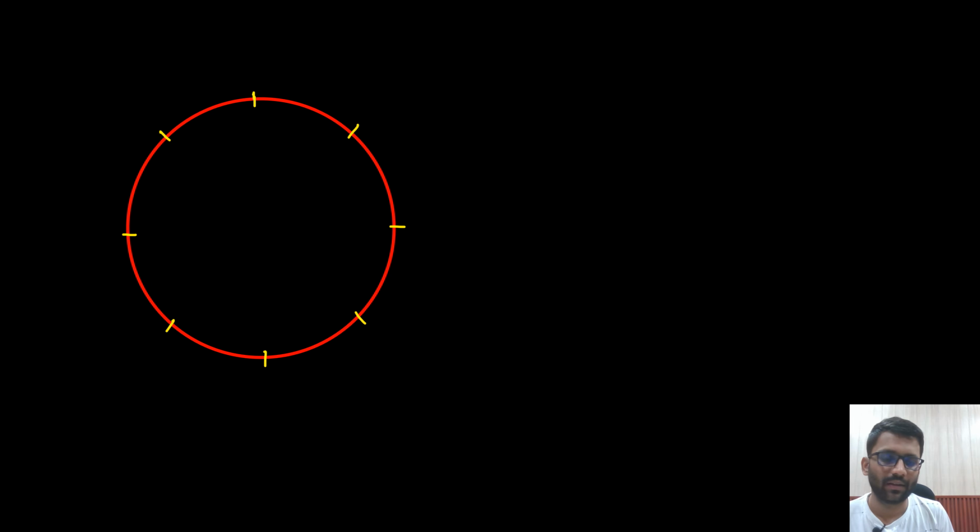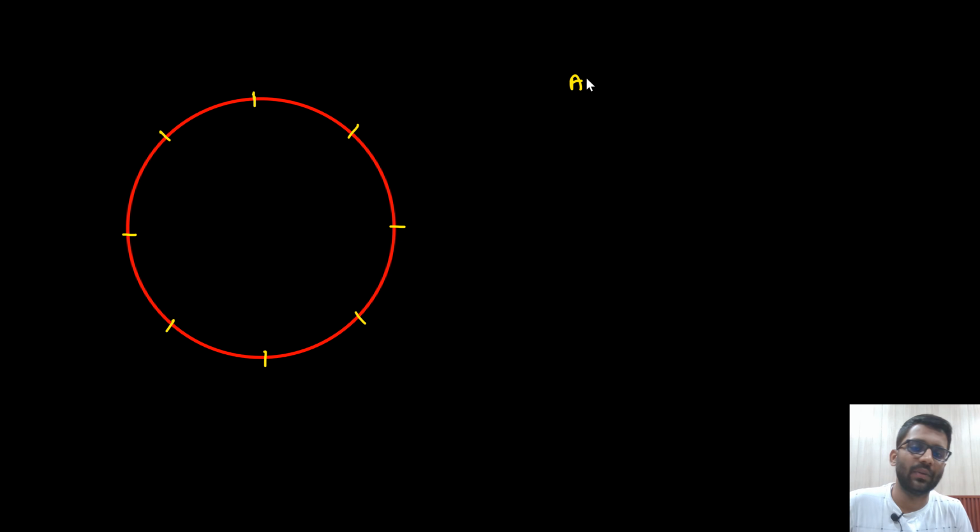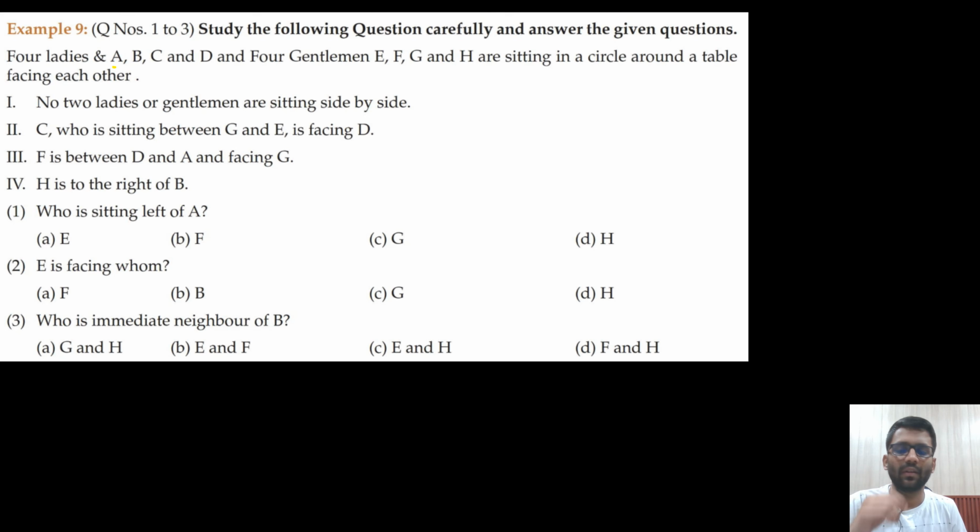A, B, C, D are the ladies and E, F, G, H are the gentlemen. First point is no 2 ladies or gentlemen are sitting side by side. That means 2 ladies and 2 gentlemen cannot sit together. Ladies, gentlemen, this is the way.